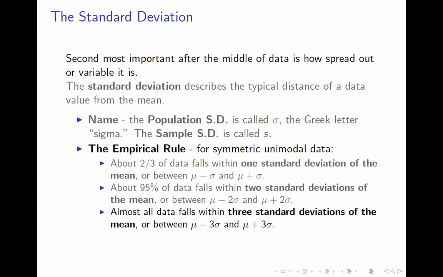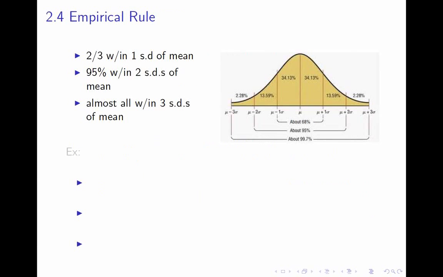Anything outside that range is shocking. So here's the short version. When we talk about the standard deviation, it will almost always be talking about distances from the mean. You'll have to get used to thinking of the standard deviation as being the scale on which you measure distance from the mean.